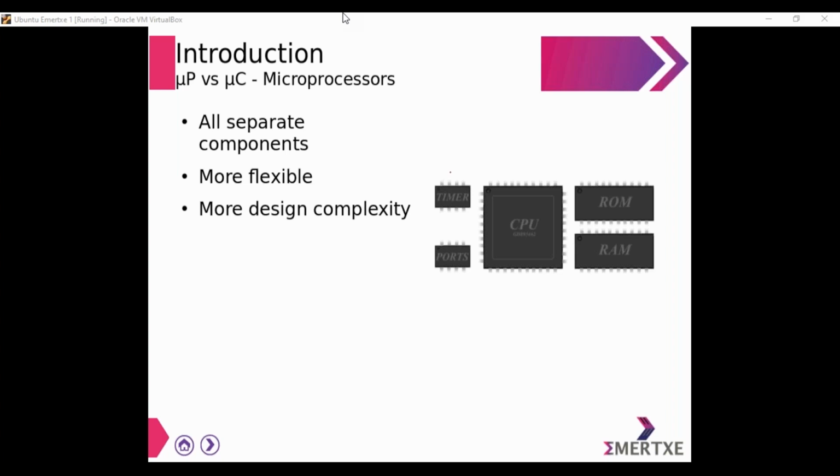You should get a timer connected, ports connected, input output devices connected, memory connected. Every individual peripheral or component has to be externally connected, due to which the design complexity will be more. So that is microprocessors.